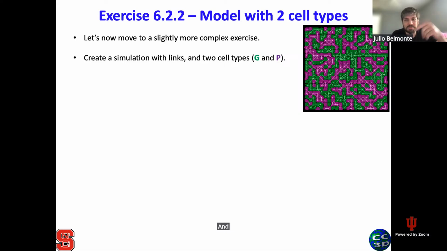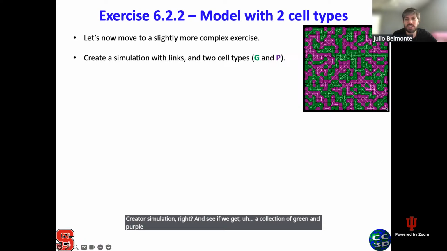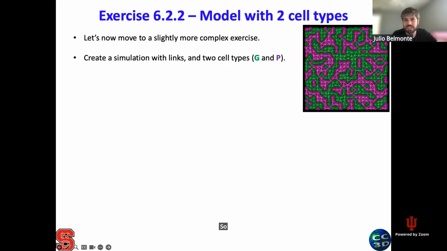Go to the wizards by yourselves and select as the cell types G and P, which stand for green and purple. Create your simulation, and see if you get a collection of green and purple cells as you see here. I'll leave this as an exercise. Let me know when you finish creating that from scratch.